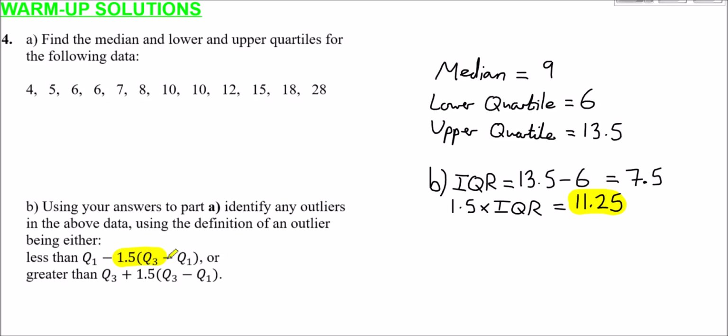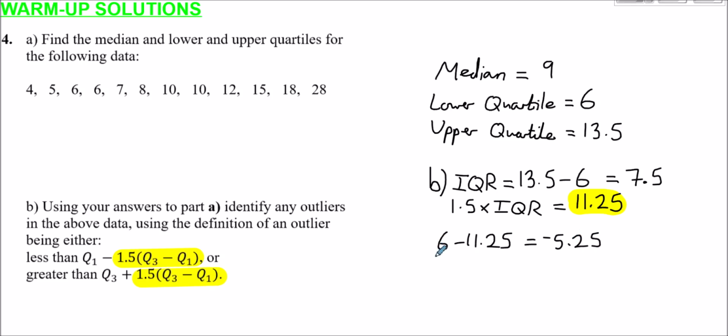So this value here in yellow is 11.25. And so Q1 minus 11.25 would be 6 minus 11.25, and that's going to give us minus 5.25. So no outliers at that end, because no values are less than minus 5.25.